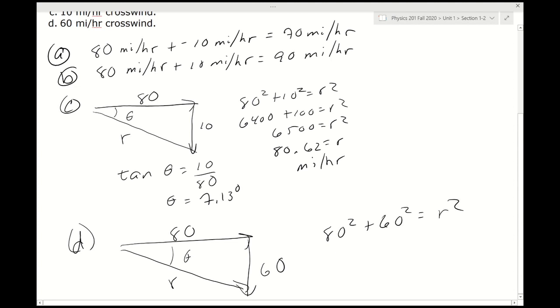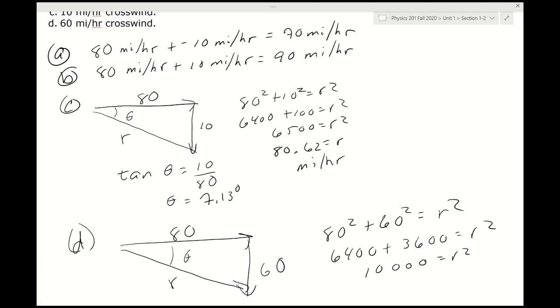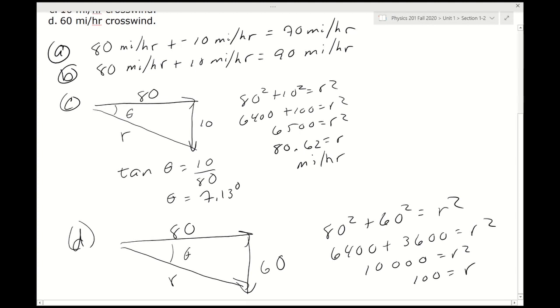It's an R. So I have 6,400 plus 3,600 is R squared. That's going to give me 10,000 is R squared. Well, just double checking myself. So 100 is R.